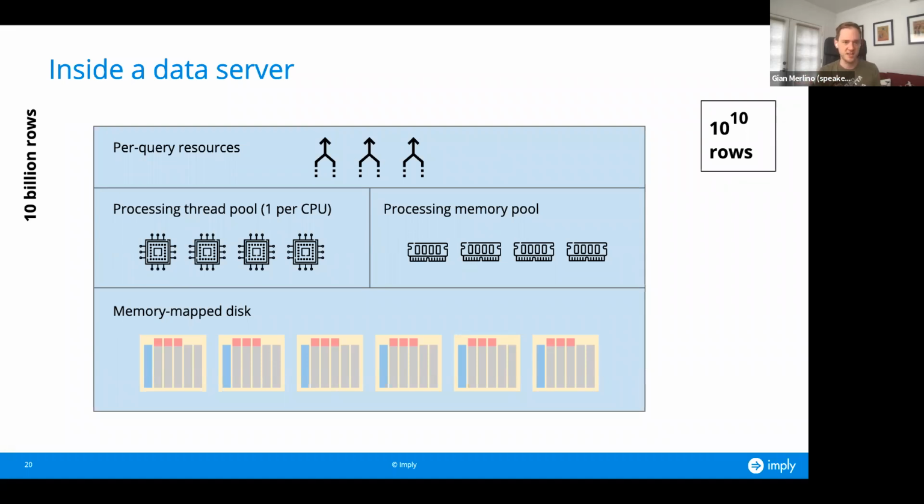But if a query is going to hit 1,000 segments on a server and the server has 30 processors, then we can take those 1,000 segments, divide them up 30 ways, and each processor can get its share of segments. They can all process in parallel. They can get through the 1,000 much more quickly. And that's a main reason why we always want to have many more segments than servers. This enables this parallelism.